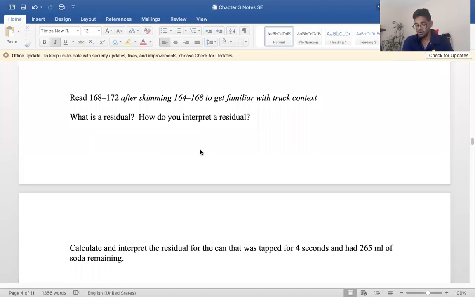And then in words, this is the difference between an observed value of the response variable and the value predicted by our regression line. And so that's kind of what we're looking at here. That's what a residual is.